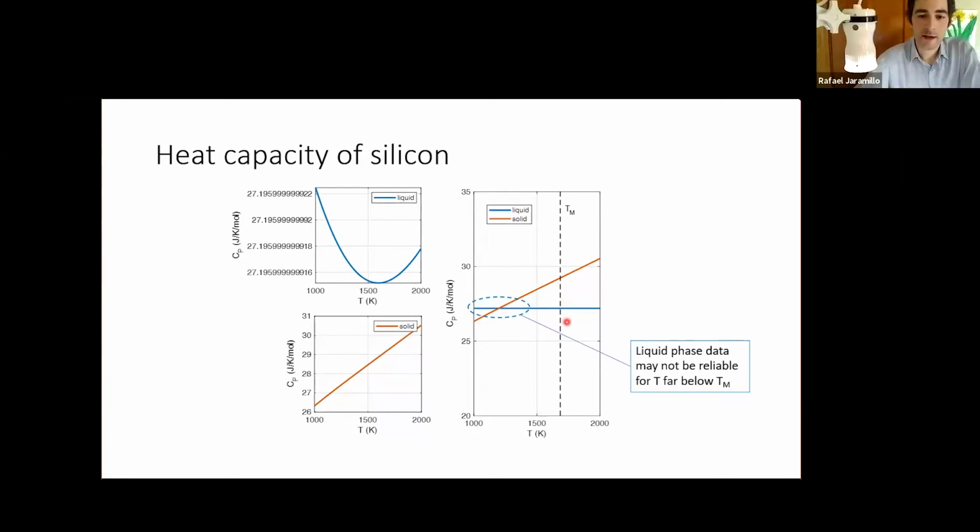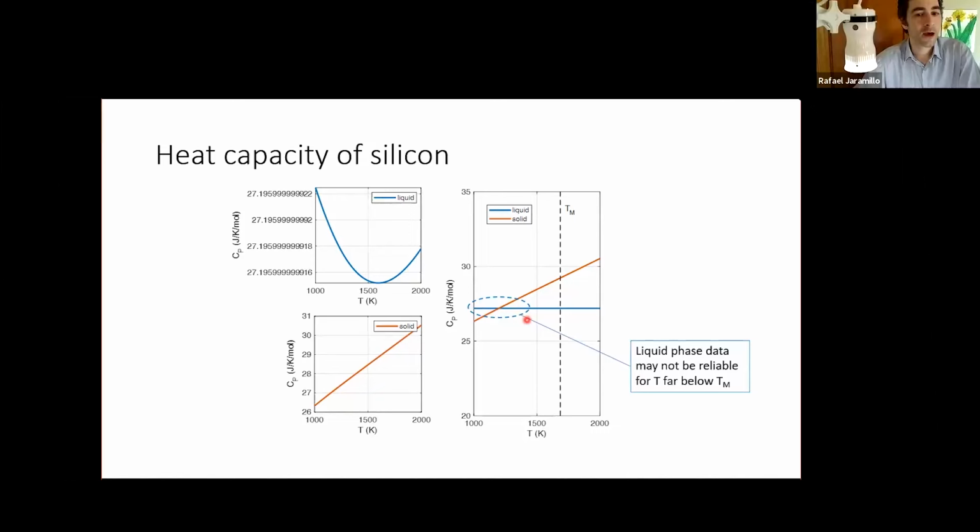Let me point something else out. I always told you this stuff comes from measurements. This is data, it comes from measurements. That means the data for liquid may not be reliable for T very far below T melting. It might not be possible to supercool silicon so far below the melting point, 600 degrees below, in order to take data.